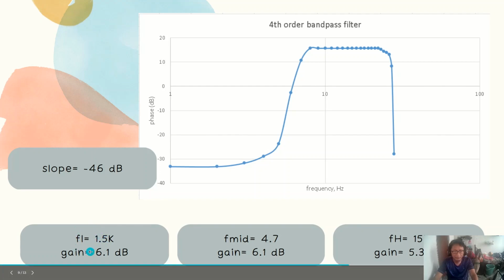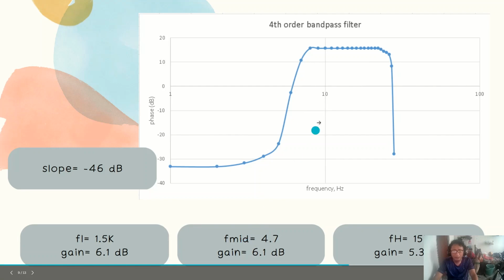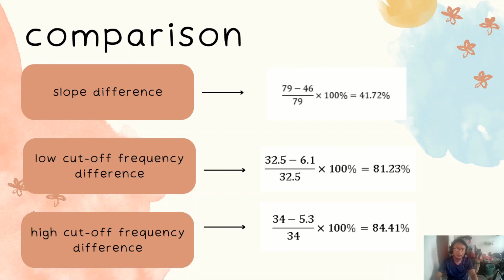We got a gain of 6.1 dB, the mid frequency 457 with a gain of 6.1 dB, and the high frequency is 50 with a gain of 5.3 dB. Then we compare the result.